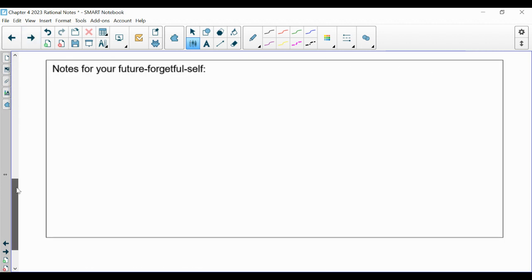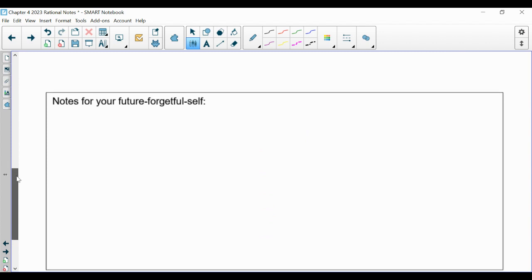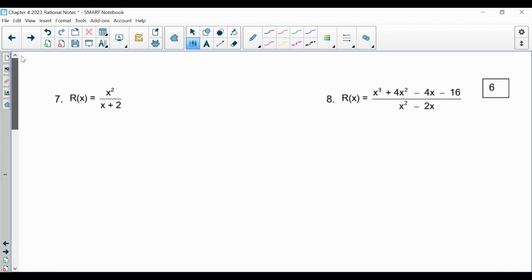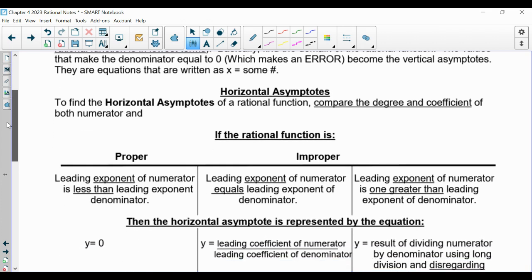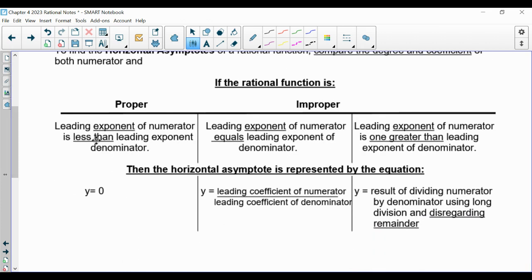If you keep forgetting certain things, maybe put some notes down here, but then also go on to page 7 if you get stuck again, especially when it comes to the degree. So by proper fraction, they mean the degree on top is smaller than the degree on bottom. This is when they're the same. This is when it's 1 greater.